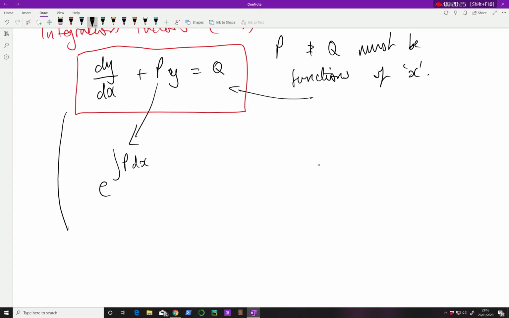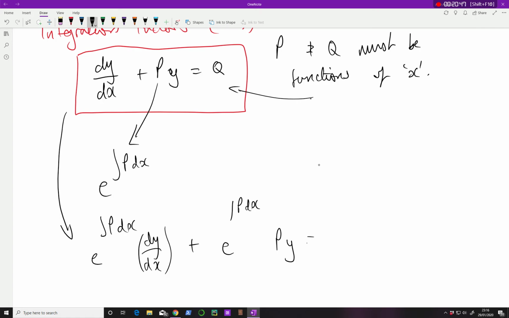So in essence, that expression becomes e to the power of the integral of p dx, times dy by dx, plus e to the integral of p dx times py, equals e to the integral of p dx times q.